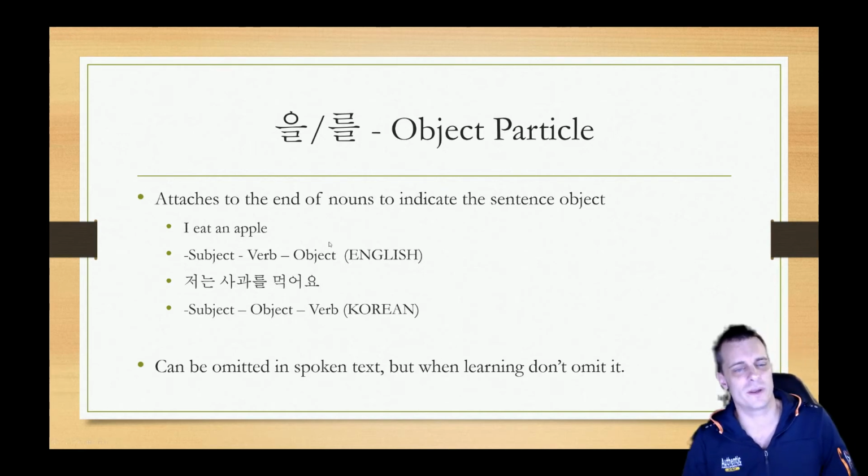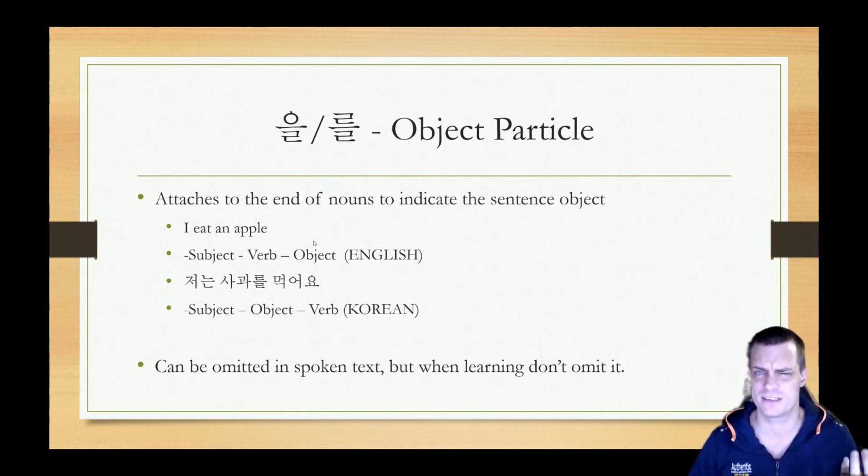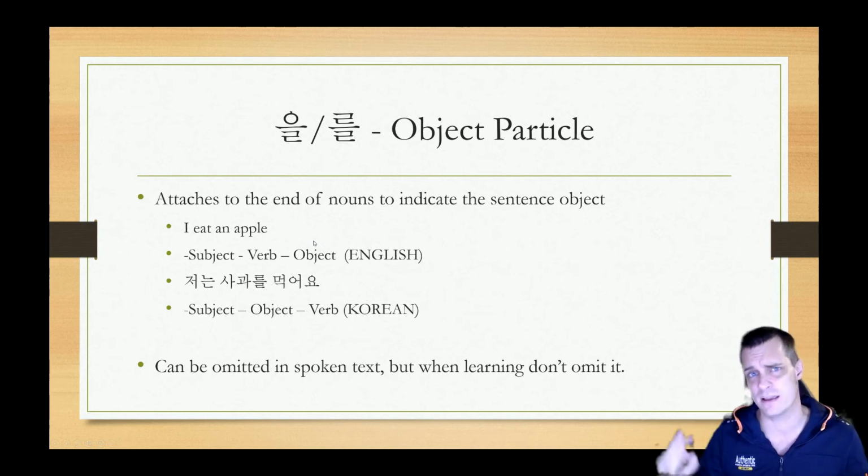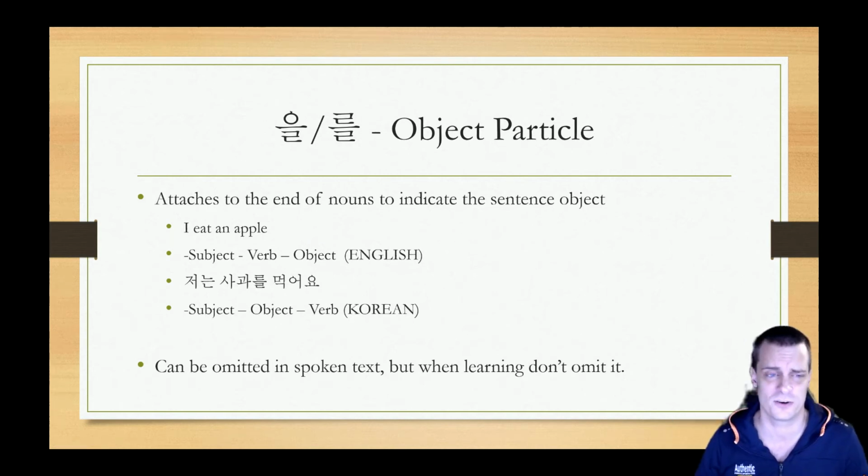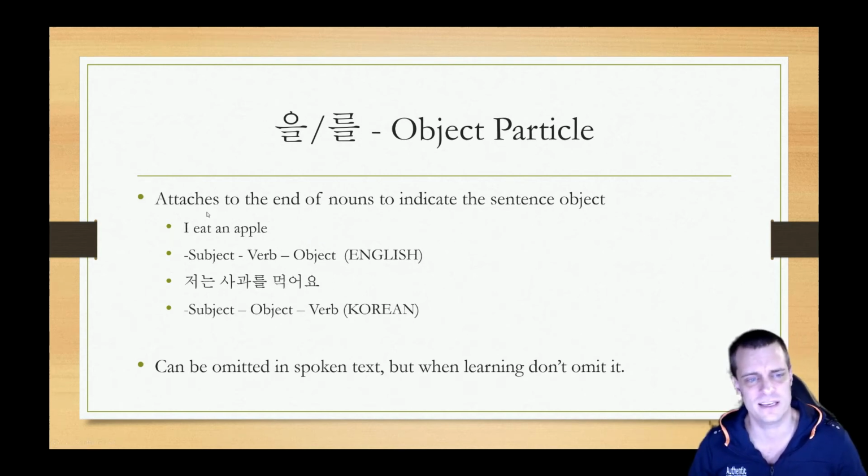Alright, so let's have a look quickly at what actually is an object and a subject of a sentence and my easy memory trick for remembering this early on. So if we look at an English sentence, subject, verb, object is the English order, whereas subject, object, verb is the Korean order. So in the sentence, I eat an apple, I is the subject, eat is the verb, and then apple is the object.